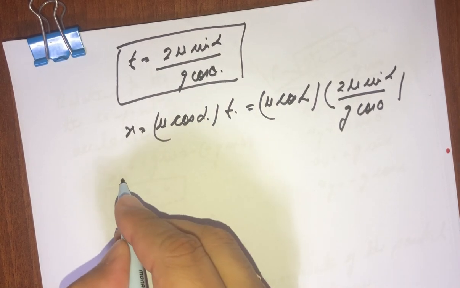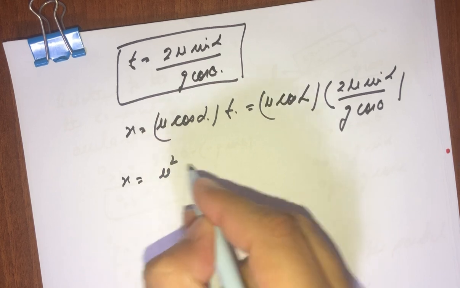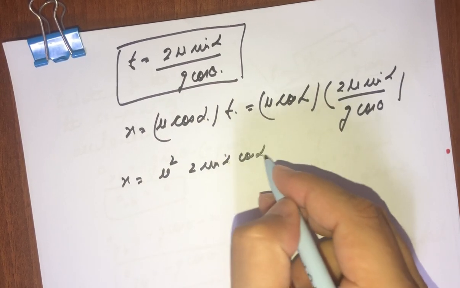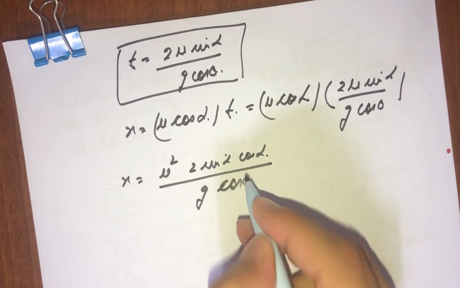So we can write this as x is equal to u square 2 sine alpha cos alpha divided by g cos theta.